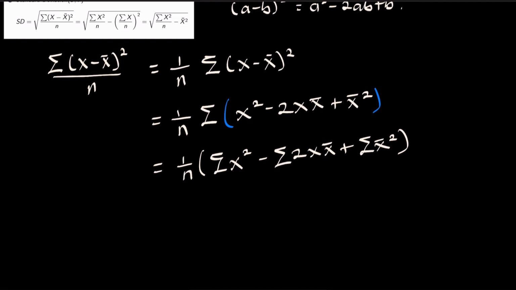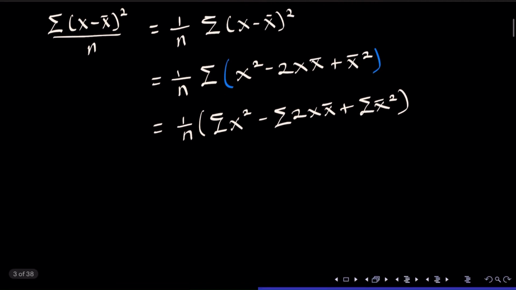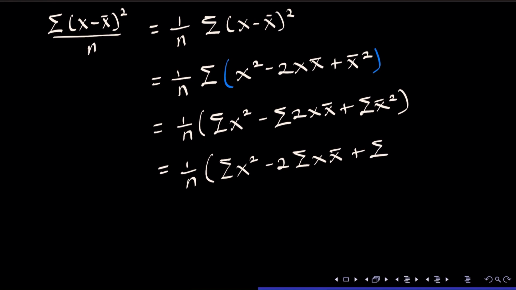Here we should know that we are summing from 1 to n. Since 2 is a constant in the middle term, we can factor out 2. So that's going to give us 1 over n, in brackets, summation x squared minus 2 summation x times the mean plus summation mean squared.